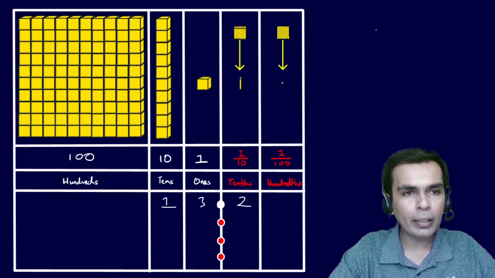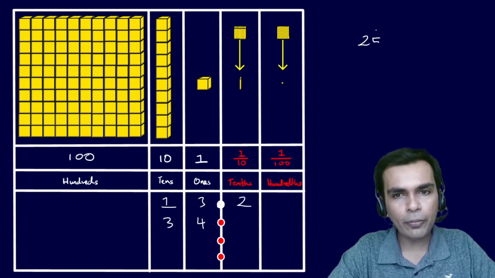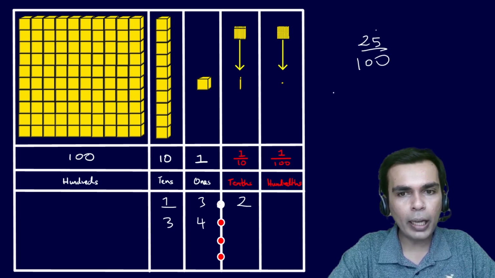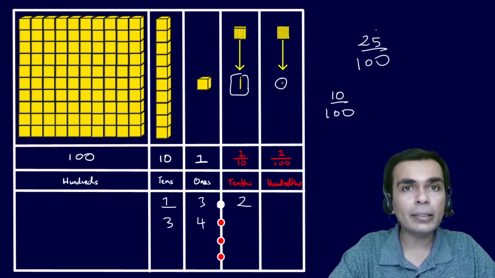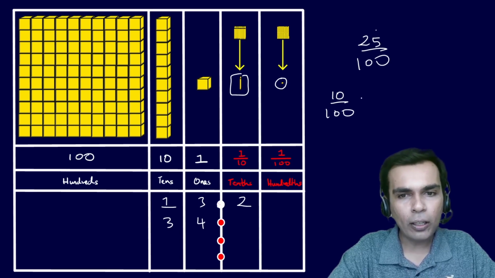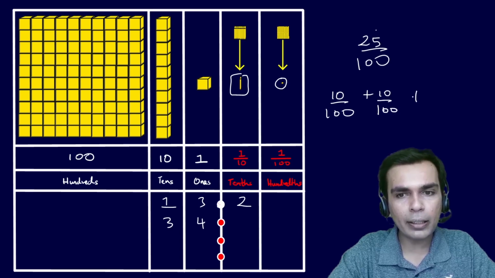So another day we saw 34 and 25 hundredths. So let's go back. So 34 would be 3 tens and 4 ones. Now 25 hundredths. We know that 10 of these hundredths, so 10 upon 100, of course, is the same. If I stick 10 of these together, I'll form this, right, which is a tenth. Therefore, 10 hundredths plus another 10 hundredths, plus 5 hundredths is 25 hundredths.